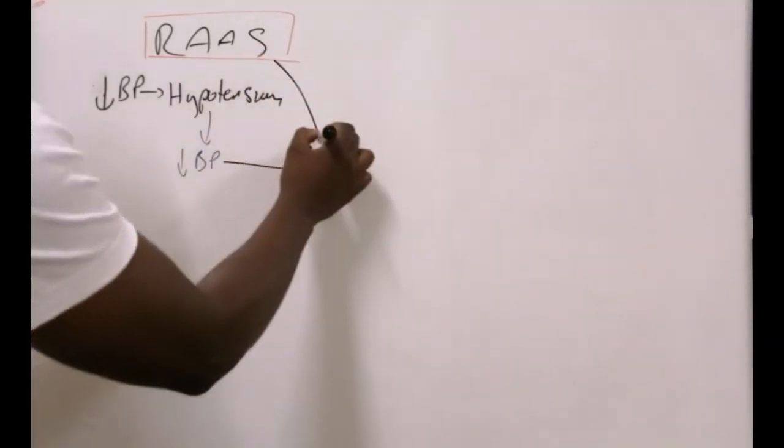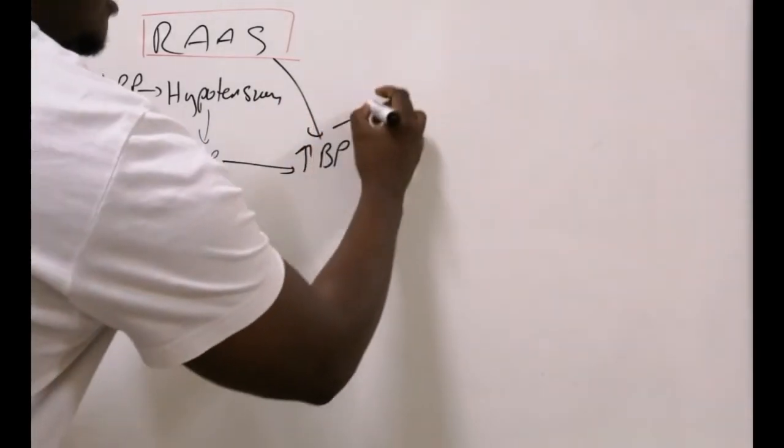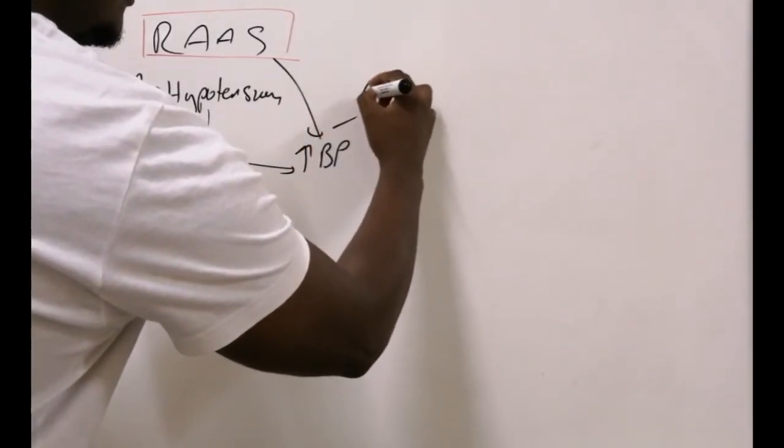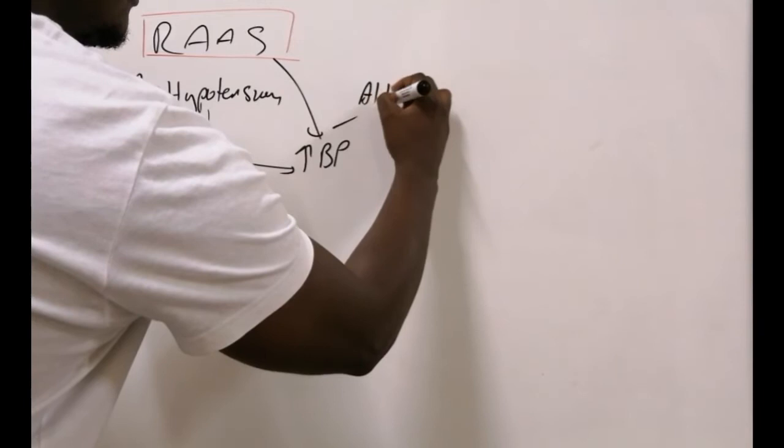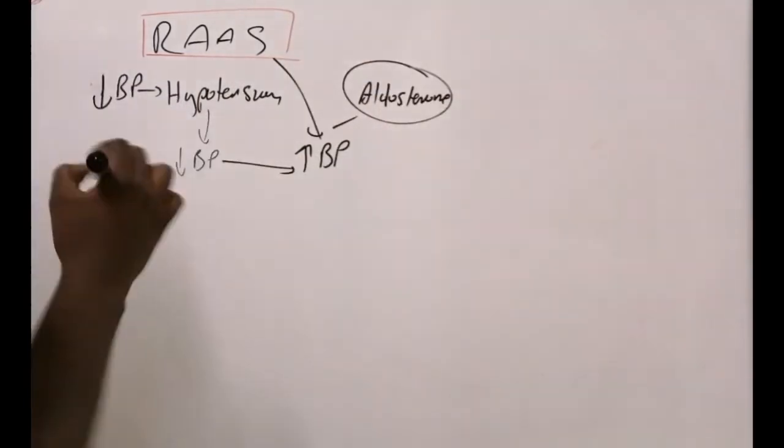That's what the RAAS system does, and we know that the RAAS system increases blood pressure. We know now the pathway, that aldosterone is the main driver of this.